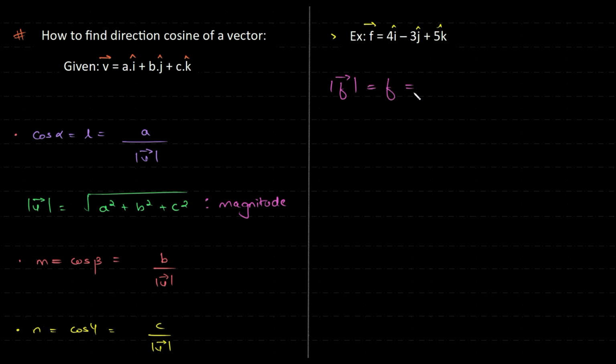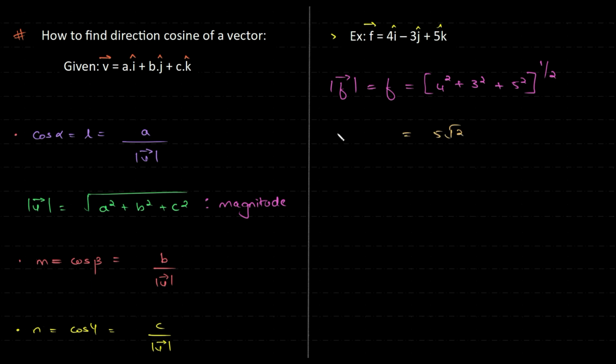We can represent it either way. So this is nothing but 4 square plus 3 square plus 5 square. I'm neglecting the negative because it's square. Root of this. So this is 16 plus 9, 25, 25 plus 25, 50. 50 can be further reduced as 5 root 2.